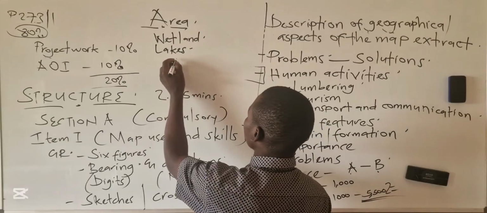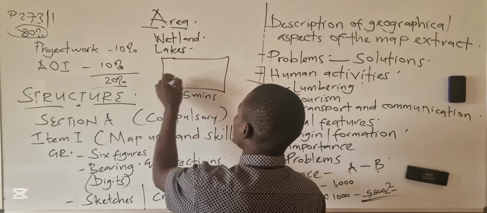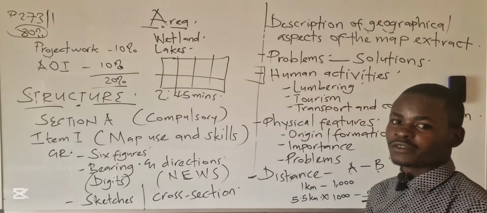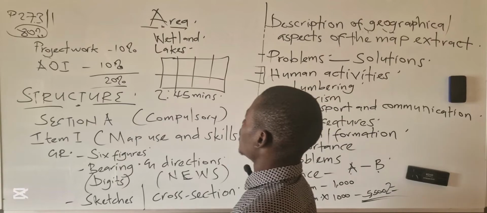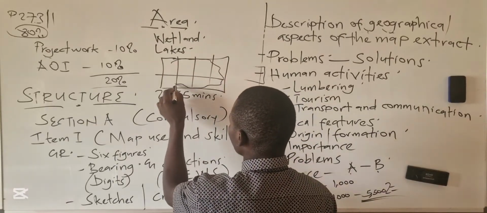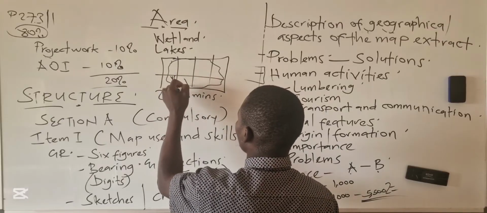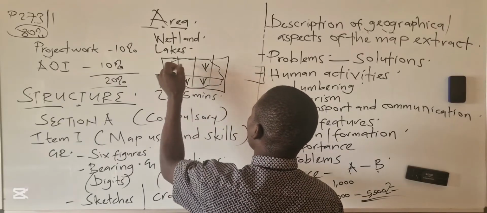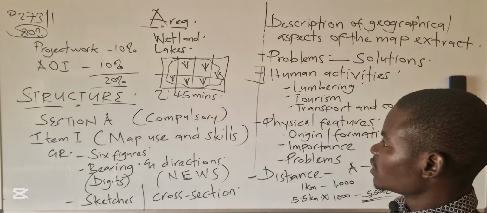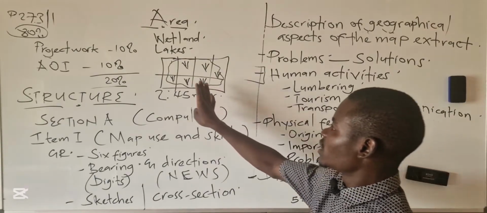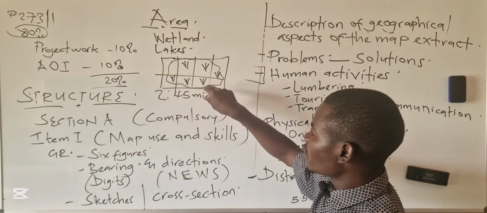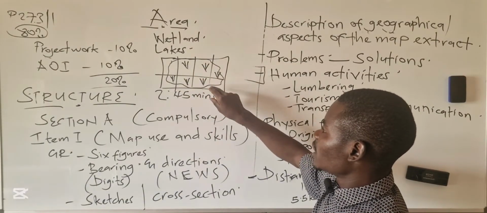At times when you look at these grids that help us to locate features on the map extract, you may find that this wetland is positioned in such a format. This is our wetland. As the wetland is occupying this area, there are some squares that are full and others that are half squares.